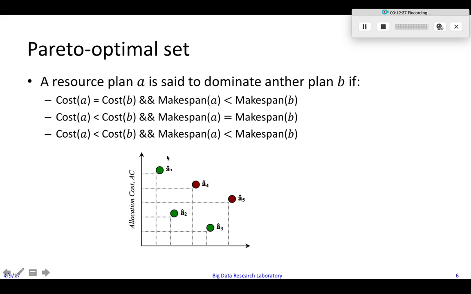So we can see that A1, A2, and A3 can compose the Pareto optimal set.